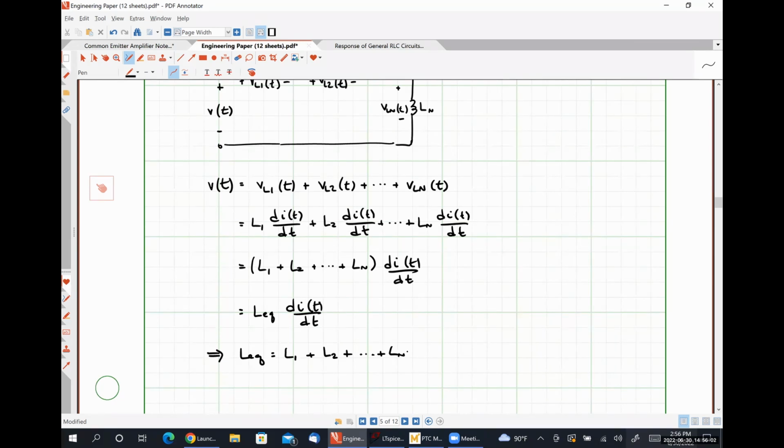So in short, inductors in series combine like resistors in series.